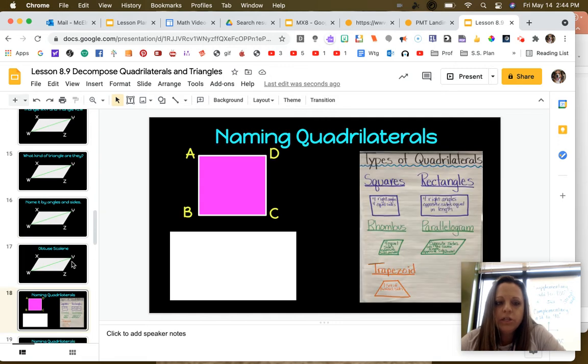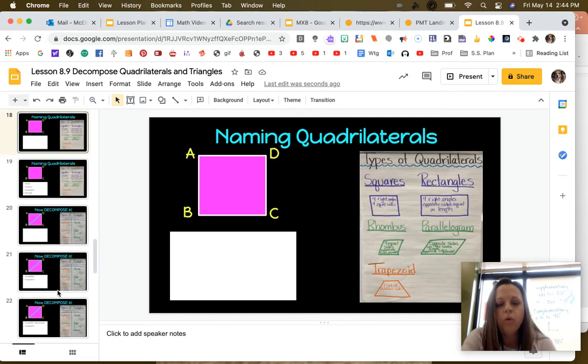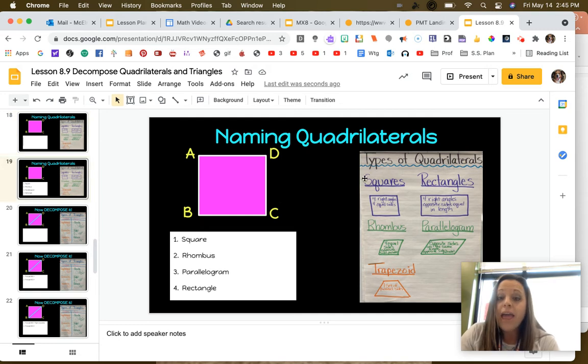Okay, so we can name quadrilaterals. Oh, hey, look, there's our anchor chart. Isn't that helpful? Okay, so here's a quadrilateral. It is a four-sided figure. If I look at my anchor chart, it has 4 right angles and 4 equal sides. It's a square. But wait a minute. It has 4 equal sides and the opposite sides are parallel.